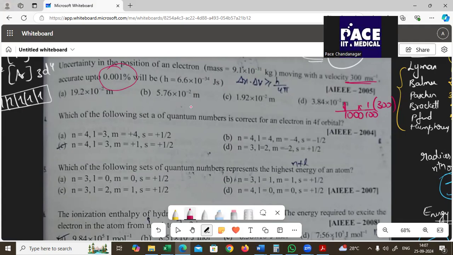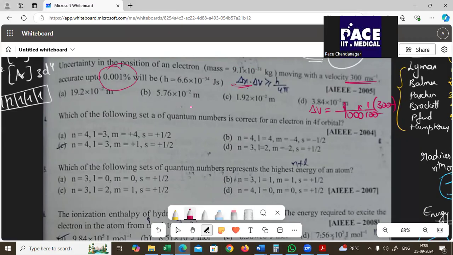You have been asked about delta x there. So we have delta v. This is my delta v value, which is 3 into 10 to the power minus 3, and delta x times delta v is greater than or equal to h by 4 pi.